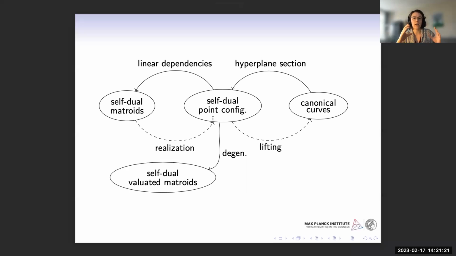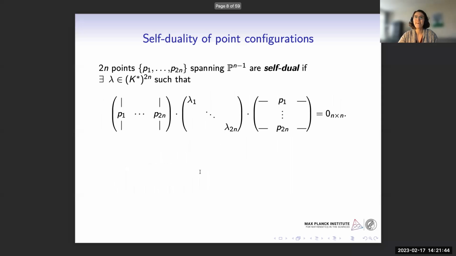And to understand this setting, we will need self-dual valuated matroids and tropical geometry. And this part (matroids, self-dual matroids, point configurations, degenerations, and valuated matroids) is the part that I'm going to focus on in this talk.